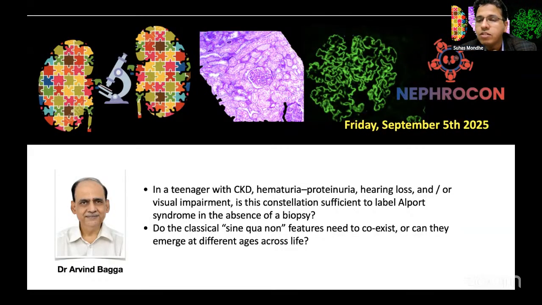We got genetic testing done and it showed Alport, which was very surprising because the patient showed no other symptoms throughout almost 3 years of follow-up. So is it possible that only a few of the symptoms present, or must all features of the classical syndrome coexist? Can they appear at different ages of life?